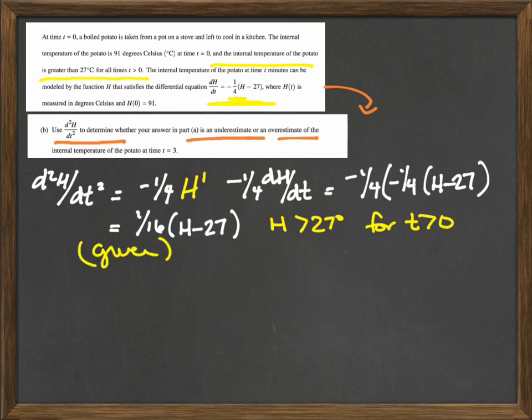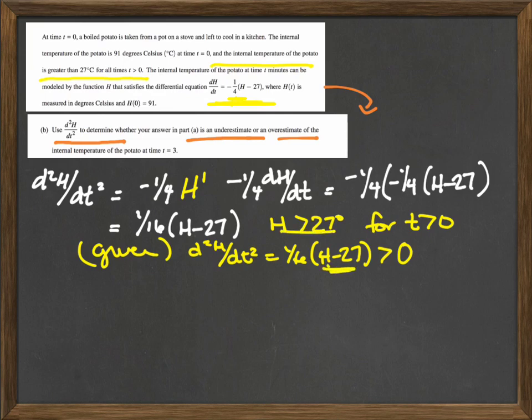And then we know that, because of that, d²h/dt², which is equal to 1/16 (h minus 27), has to be greater than 0, because if h is greater than 27, see right here, we have h greater than 27, and then in this second derivative, h minus 27.